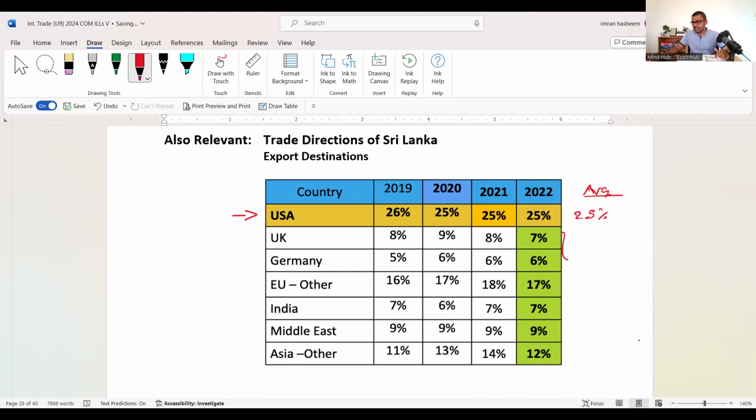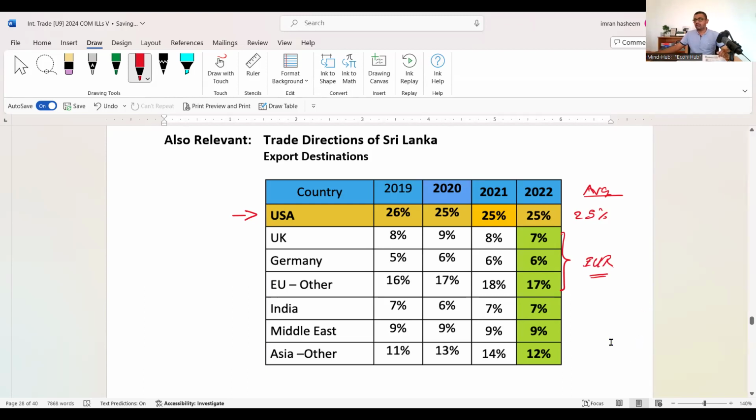If you take these as a country, biggest is USA. As a region, European region, EU, is the biggest. Then we do export a bit to India, Middle East, other Asian countries. But mainly this is the trend we see.